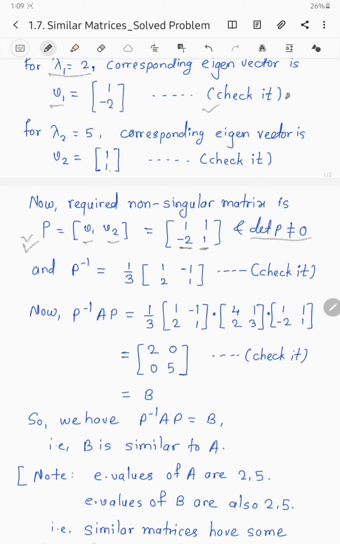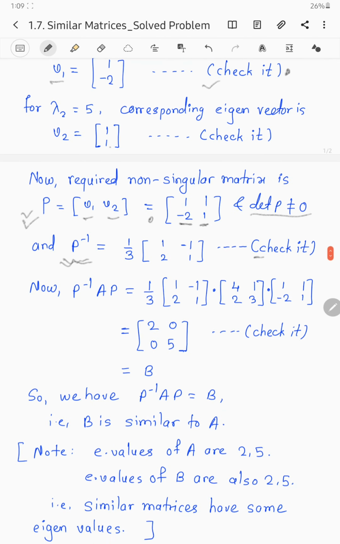We always require a non-singular matrix P because we have to find P inverse. Now P inverse is nothing but 1 by 3, times the matrix 1 minus 1, 2, 1. You can check this using our formula: P inverse equals 1 upon determinant of P times adjoint of P.